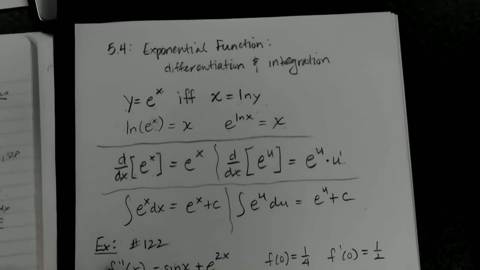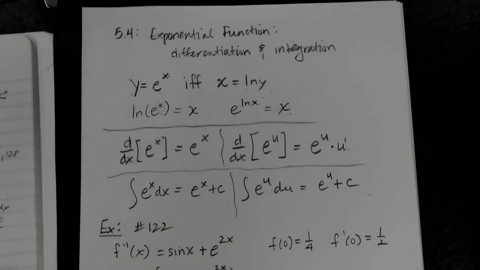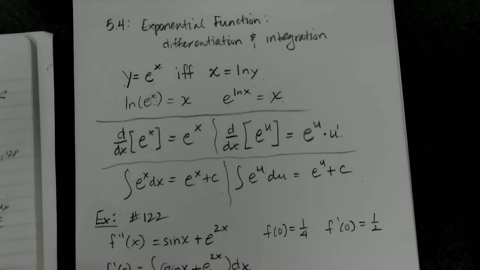So I'm going to rewrite this and say f prime of x is equal to the integral of sine of x plus e to the 2x dx, because we're going to find the antiderivative of double prime, which is single prime. And that is equal to, I'm going to separate this into two parts, integral of sine of x dx plus integral of e to the 2x dx.